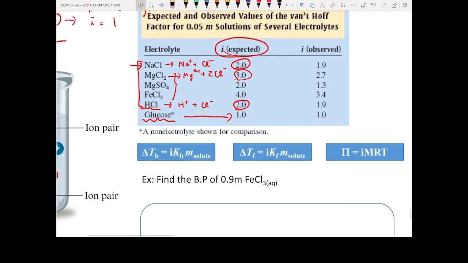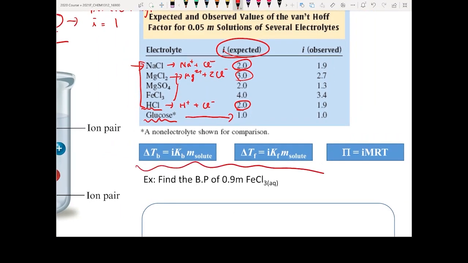So in all the equations that you have, like delta TB, delta TF, or the osmotic pressure, you need to add in the Van Hoff factor in the front, so you can calculate the proper colligative properties. That's the reason why we need to introduce these Van Hoff factors.